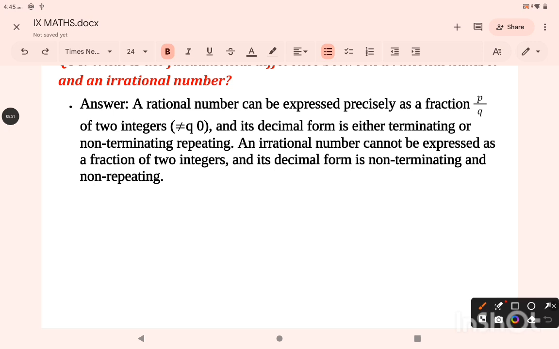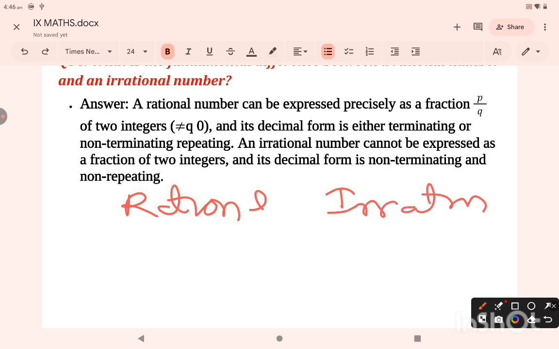Irrational number means that it cannot be expressed in the form of p by q. A rational number can be expressed precisely as a fraction p by q, p, q integers, q not equal to 0. Its decimal form is either terminating or non-terminating repeating. An irrational number cannot be expressed as a fraction of 2 integers and its decimal form is non-terminating, non-repeating.